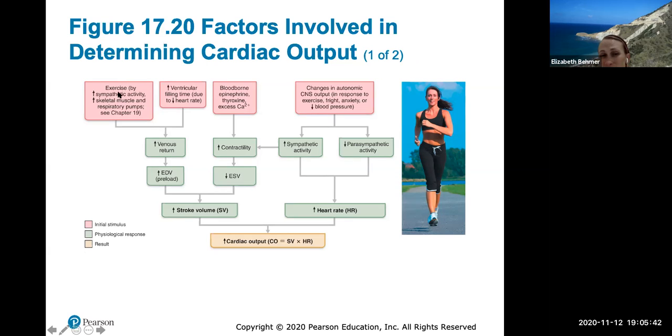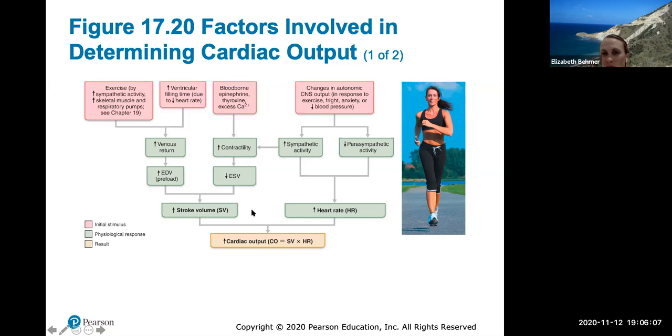Exercise, by increasing sympathetic activity, increasing skeletal muscle and respiratory pumps, will increase the ability for your veins to return blood back to the heart faster. So that'll increase your stroke volume or increase the amount of blood being ejected. Ventricular filling time, blood-borne epinephrine, excess calcium and thyroxine. So these are all, think of your adrenaline response.